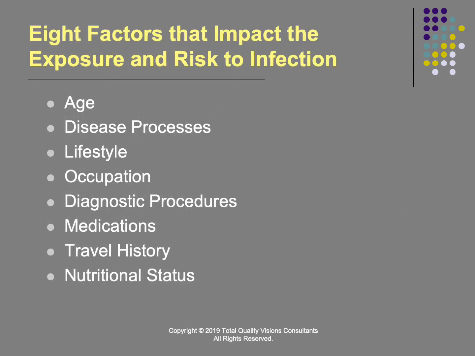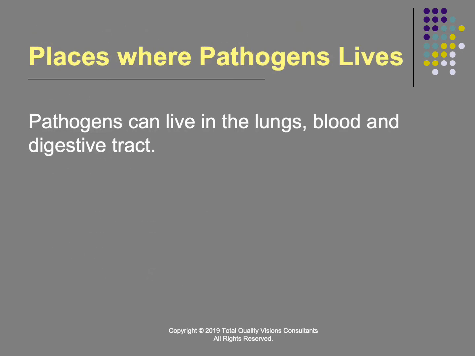There are many factors that influence risk for infection. These include age, disease processes, lifestyle, medications, travel history, and more. Pathogens can live in multiple places in the body. A few places that are popular are lungs, blood, and the digestive tract.